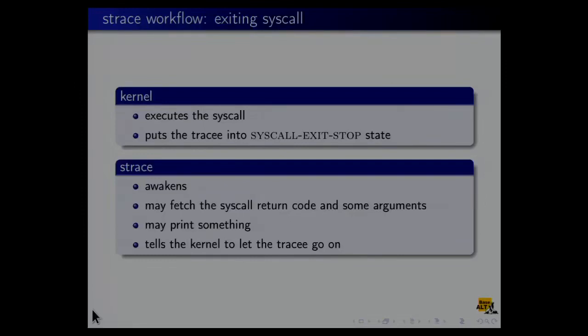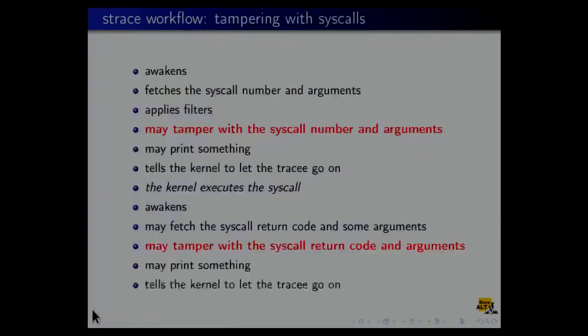At this time strace awakens again, and it may fetch the syscall return code and arguments, depending on whether the call is filtered or not. Also, it prints this return code if necessary, and tells the kernel to let the tracee go on. And all this cycle repeats itself until something happens with the tracee, when it exits or whatever. So taking these two parts together, you can see the sequence.